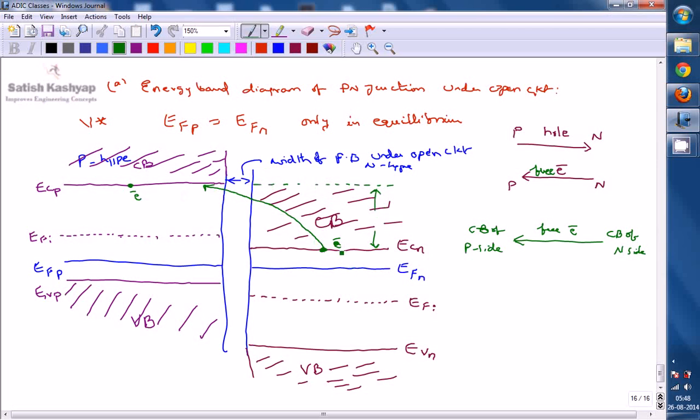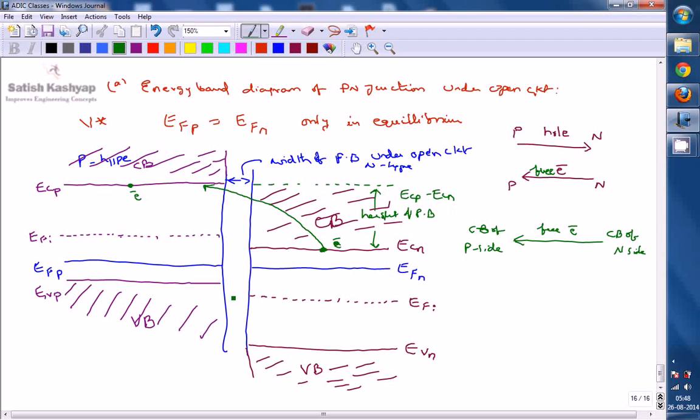The electron must get this much energy so that it can jump from ECN to ECP; only then can that free electron contribute to the current. So this is called the height of the potential barrier, which is ECP minus ECN.